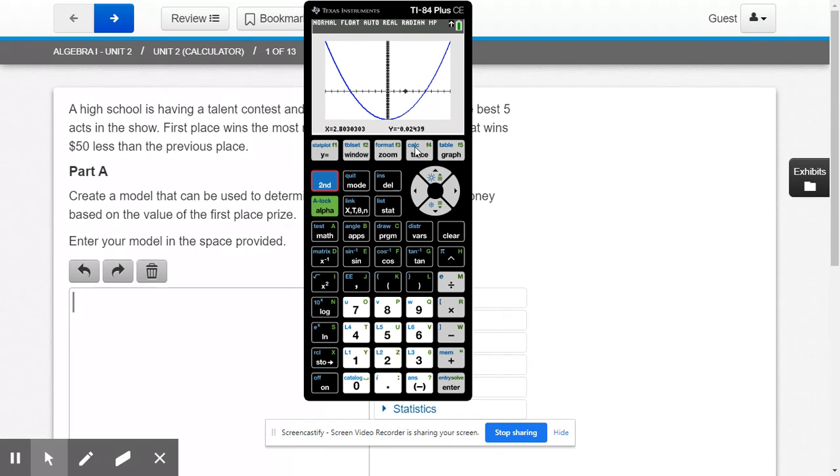So I can do second trace again and my 0. And here I'm going to have to scroll all the way to my other side. Choose 1 point to the left, 1 point to the right, and approximately my 0, my guess. So here's x equals +6. So here I have two solutions, x equals -6 and x equals +6.